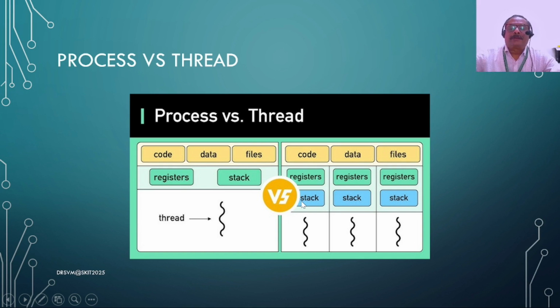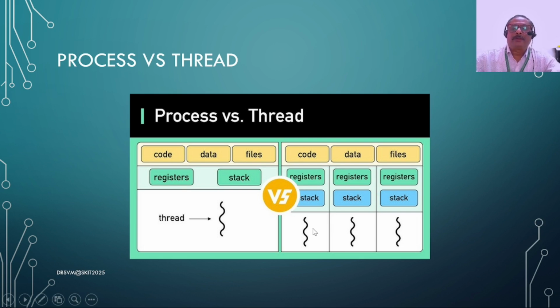As we discussed in the previous session, when the CPU is allotted from one process to another process, the whole environment is saved. This saving of the environment is done in memory, and for a process, we have one set of memory for storing register contents and one set for the stack.